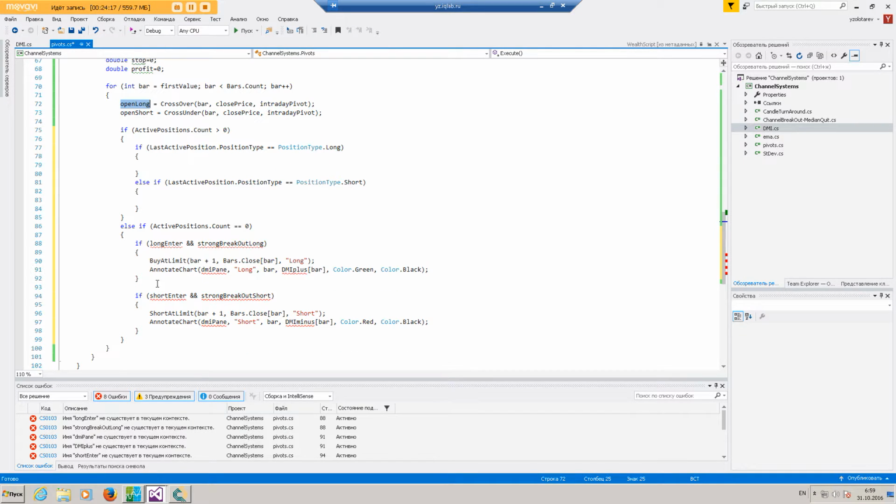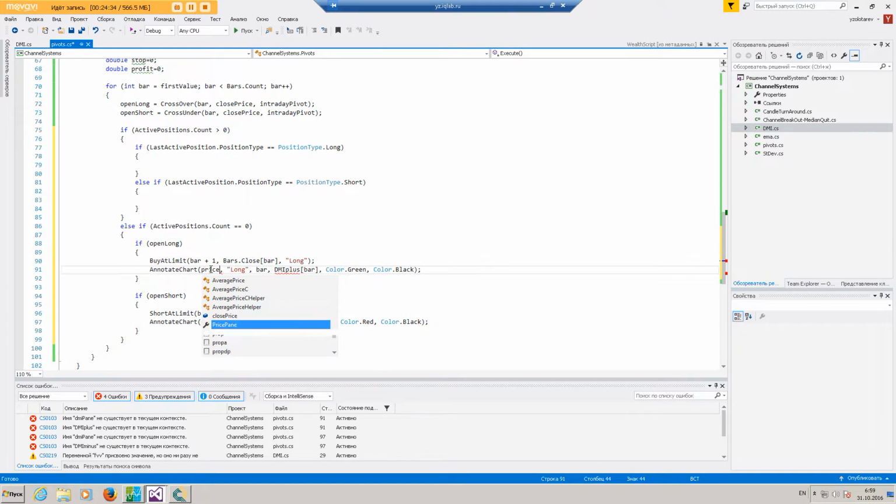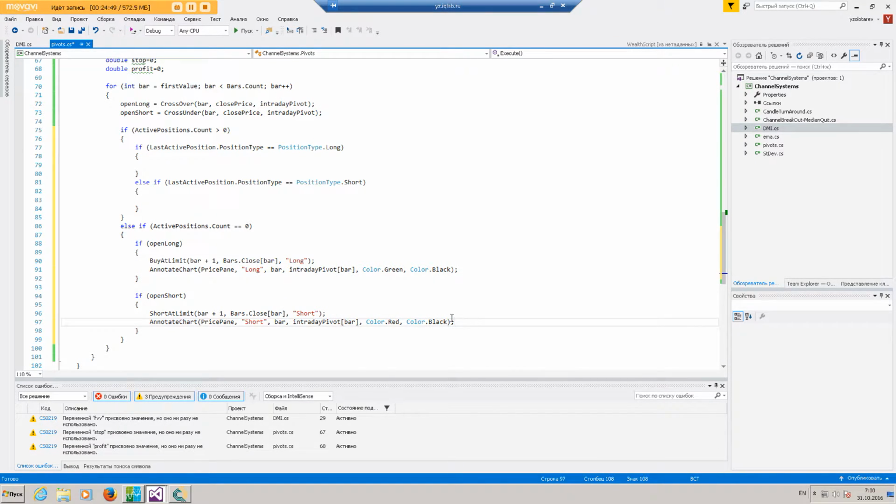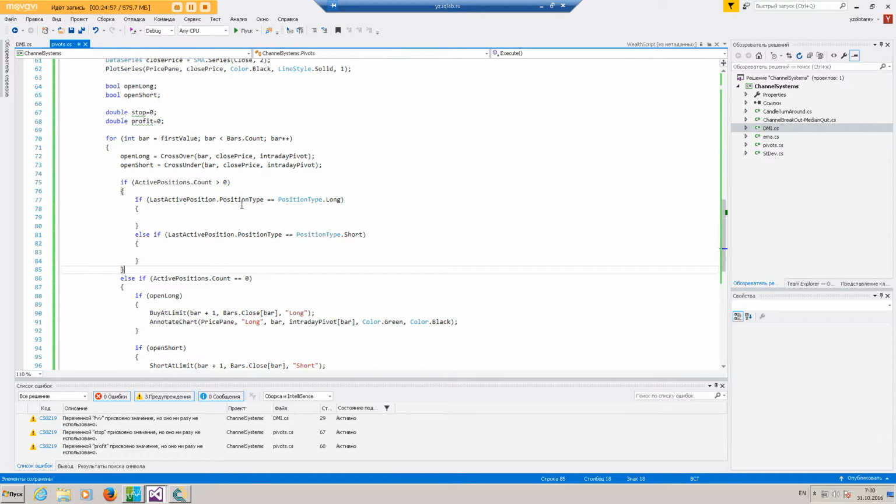So this is an open long signal and this is an open short signal. Okay, there's an open short. And let's annotate bar as well with the value of intraday pivot. Okay, so this is what we do when we enter position. And this is what we do when we have already a position and we want to quit it, right?